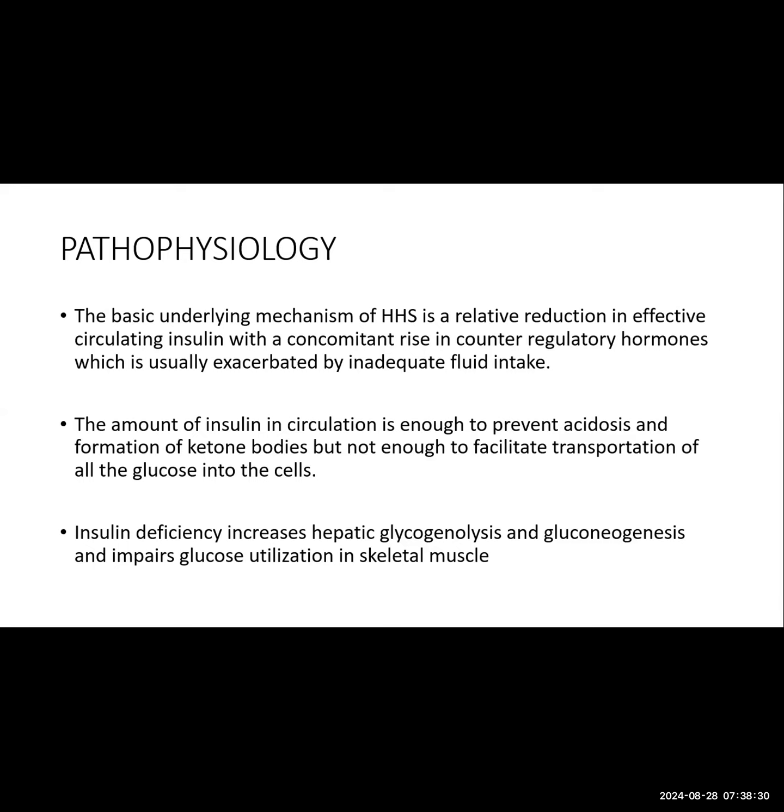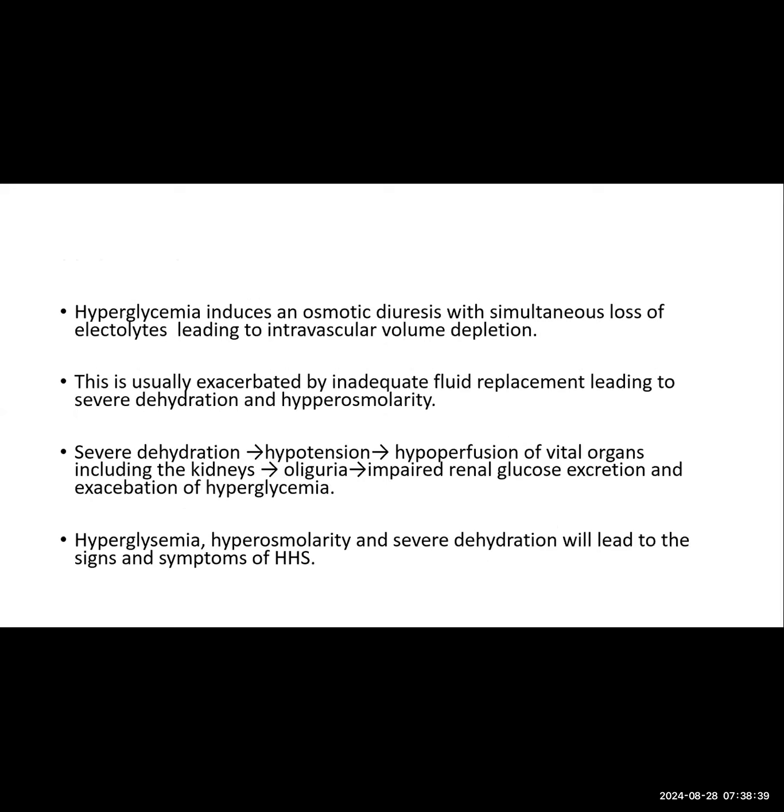Therefore, insulin deficiency increases hepatic gluconeogenesis and glycogenolysis and impairs utilization of glucose by the skeletal muscles. The hyperglycemia will then induce an osmotic diuresis with simultaneous loss of electrolytes in urine. This usually is exacerbated by inadequate fluid intake, leading to severe dehydration and hyperosmolarity.